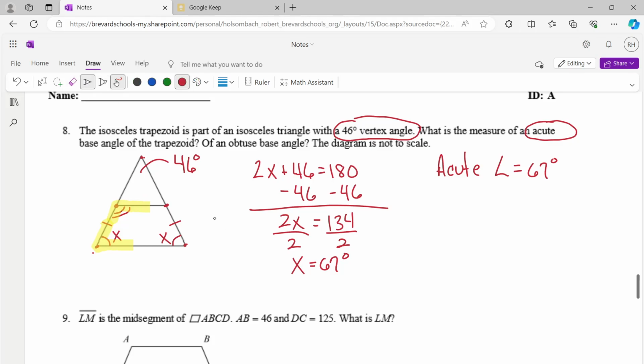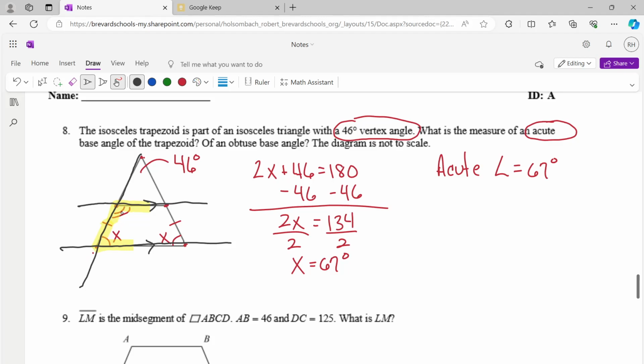This is like the third problem in a row that we've got same side interior angles, because we can extend this line and it's parallel to this line because you're told it's a trapezoid. So the left-hand side of this big triangle creates a transversal.